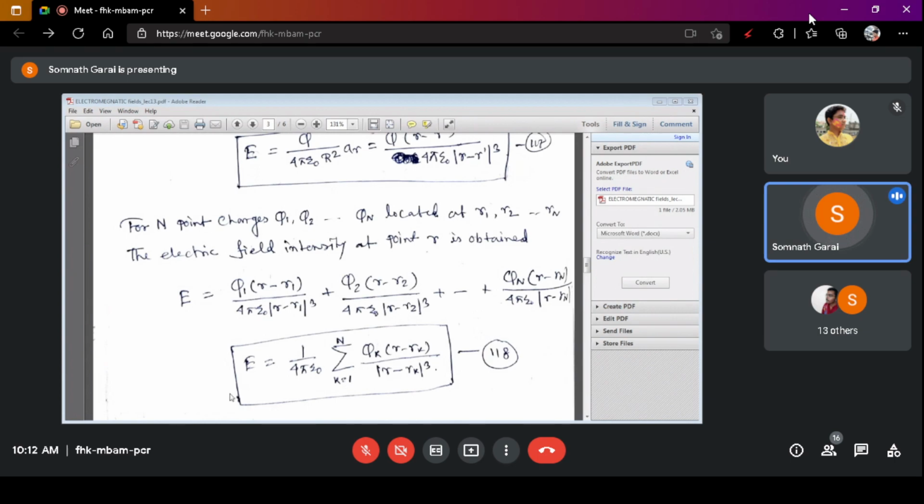So E is equal to 1 by 4 pi epsilon naught summation of k is equal to 1 to n qk into r minus rk whole divided by mod of r minus rk cube. That is the standard equation of the electric field intensity of n number of point charges.